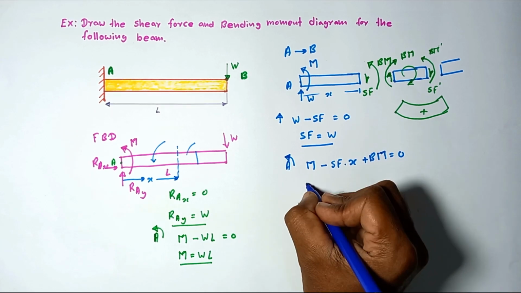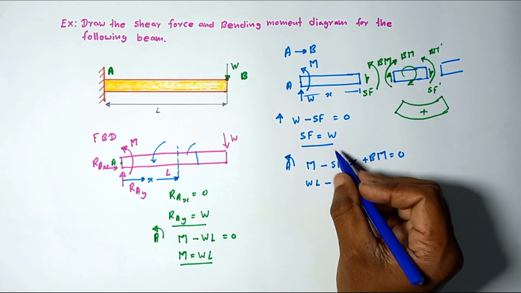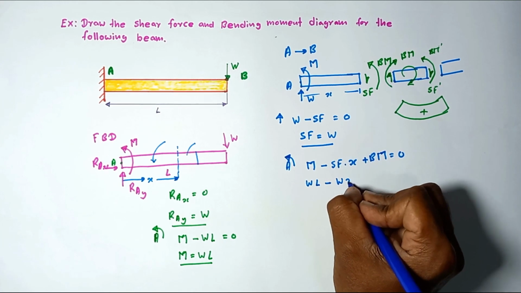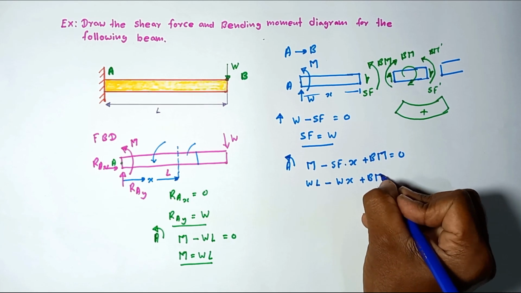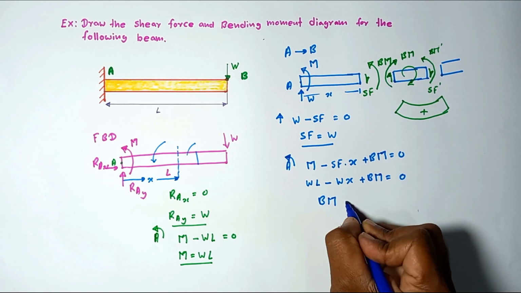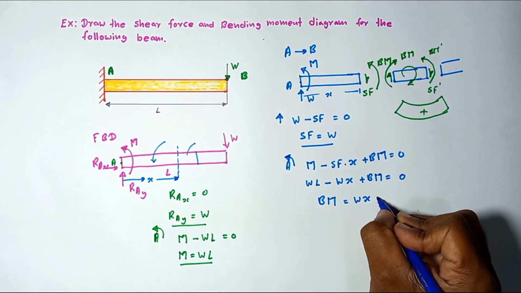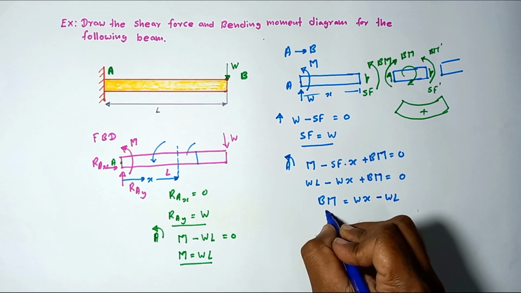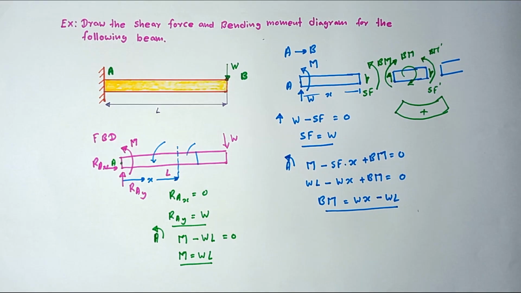Here M is equal to WL, shear force is equal to W, so WL minus Wx plus bending moment is equal to 0. Making the bending moment the subject, we get the equation Wx minus WL. This is the equation for the shear force, and this is the equation for the bending moment.